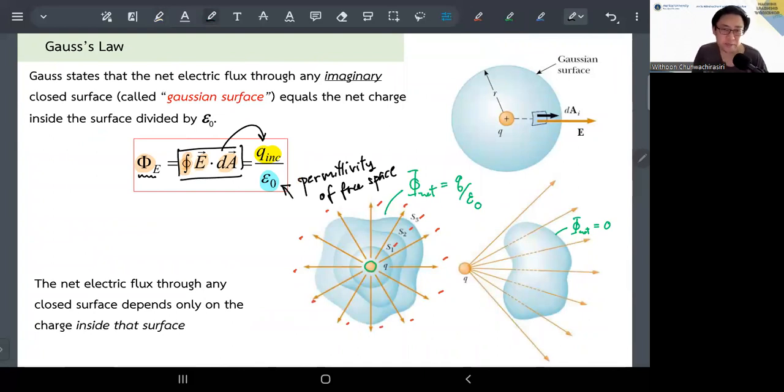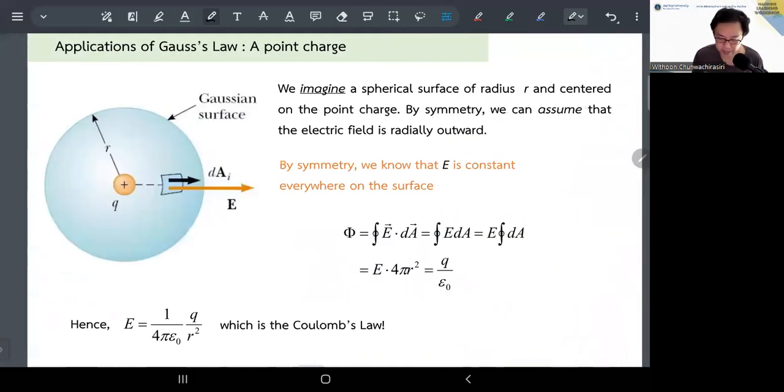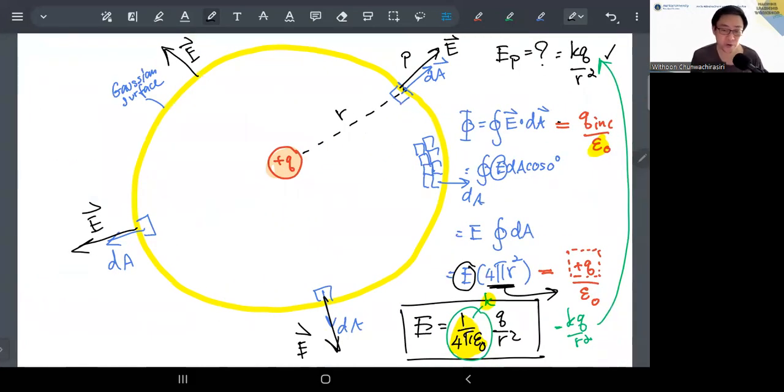If it's epsilon, we'll talk about that for other material that is not blank space. But for now, it's just a vacuum. It's an epsilon naught. And that's it, guys. I just showed you we can arrive at the same conclusion as Coulomb's law by applying Gauss's law.